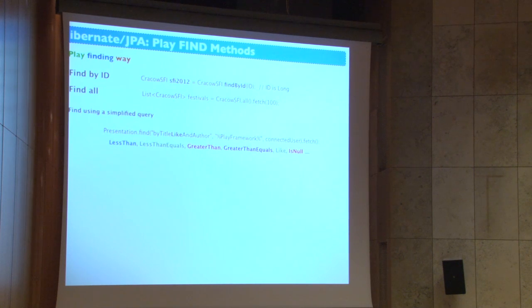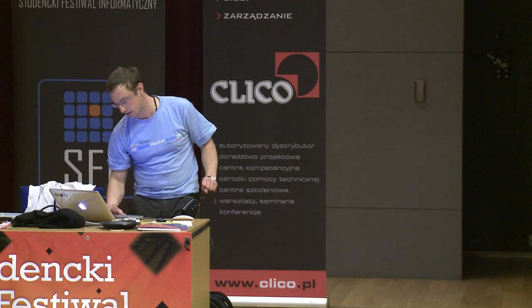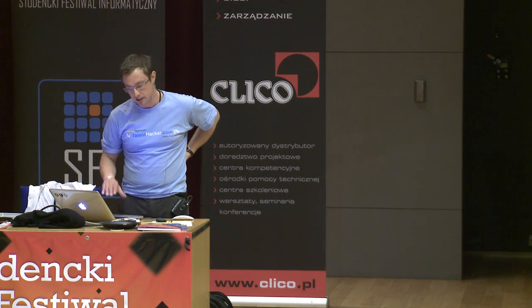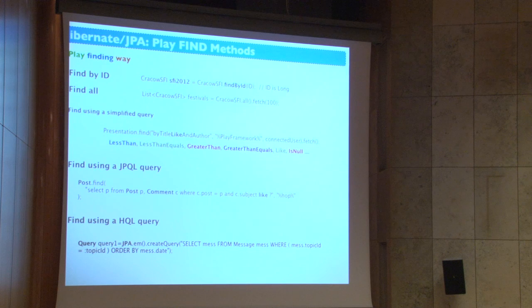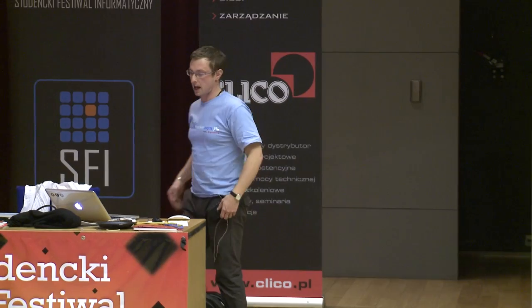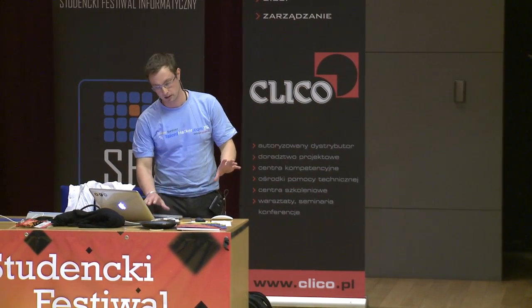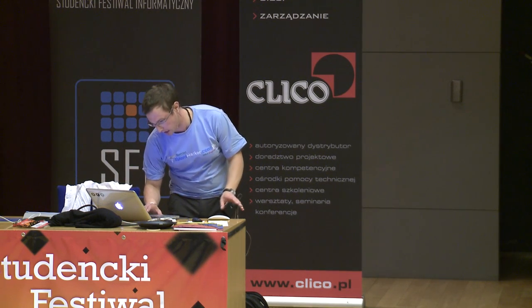That means the Play guys invested their time to make finding by any parameters inside the object much easier. You can use, as I said before, JPQL, which is really not as strong as HQL, which is only a subset. But in most cases, you really don't need to use the Hibernate query language. So JPA or the guys have developed a lot of methods for how to search. It will be really reliable for you, and you will be really satisfied with that.